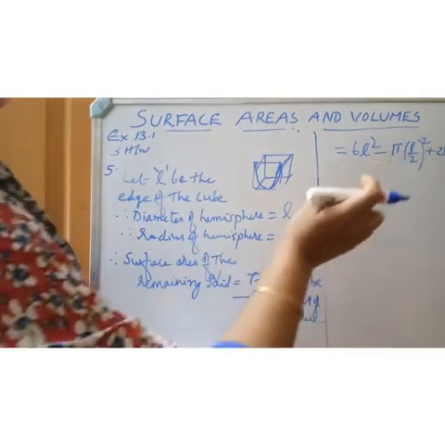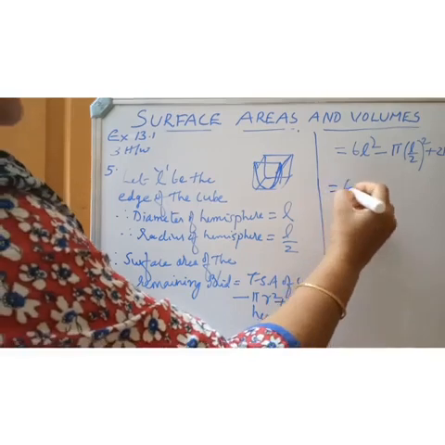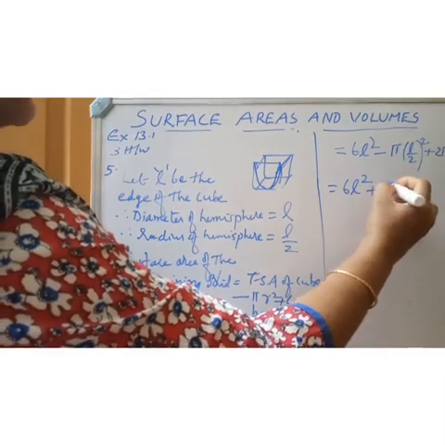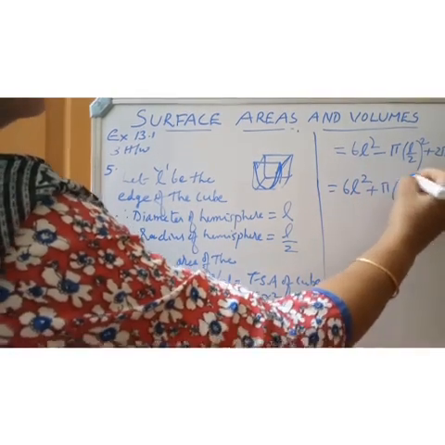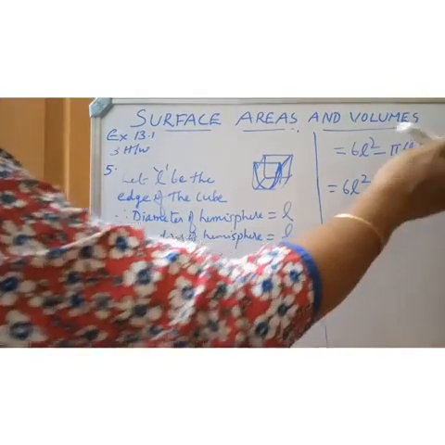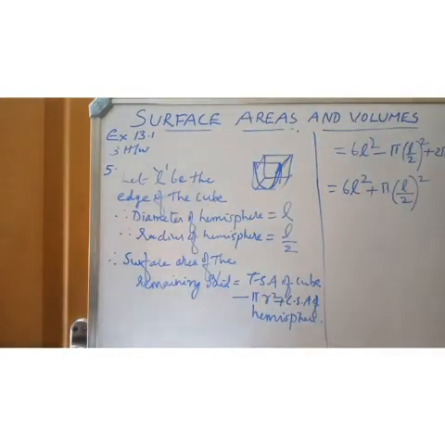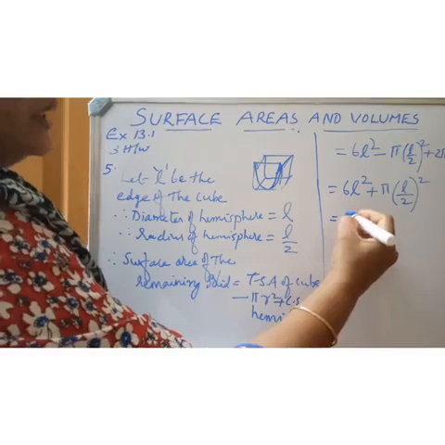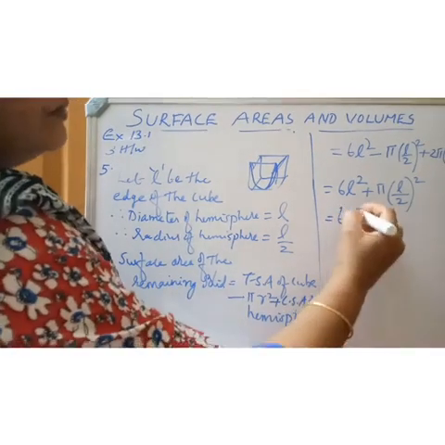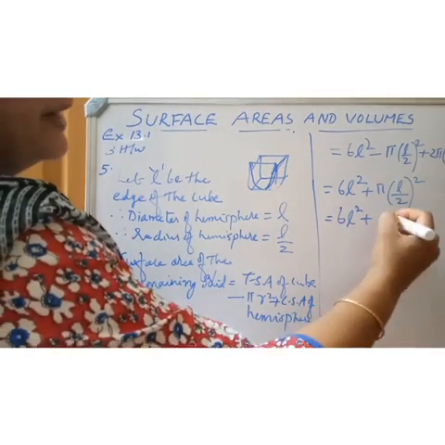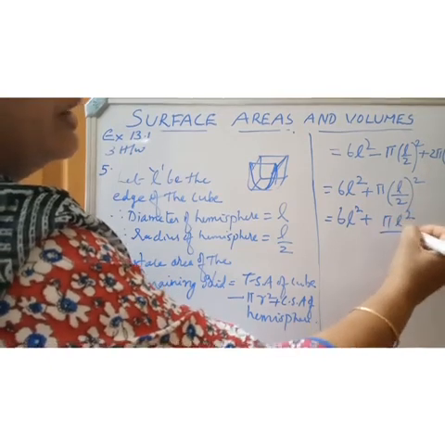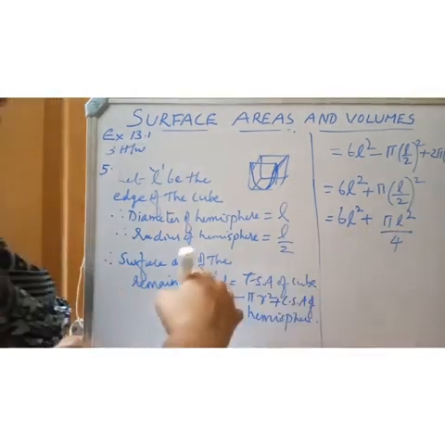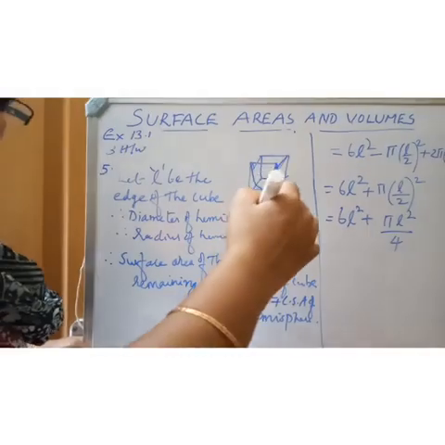So this and this you have to club and write 6L square plus pi into L by 2 the whole square, because 2 pi into L by 2 the whole square minus pi into L by 2 the whole square is pi into L by 2 the whole square. This will be 6L square plus pi L square divided by 4. That will be the final answer.